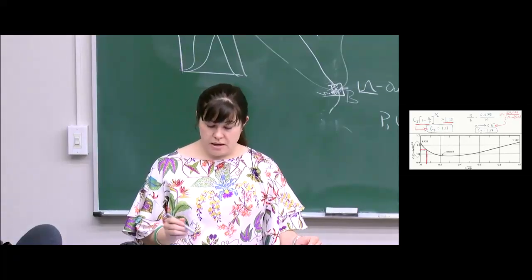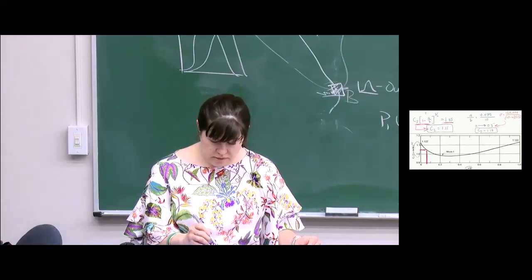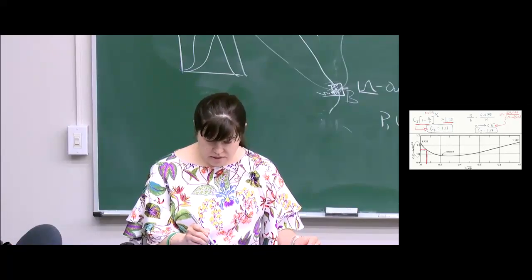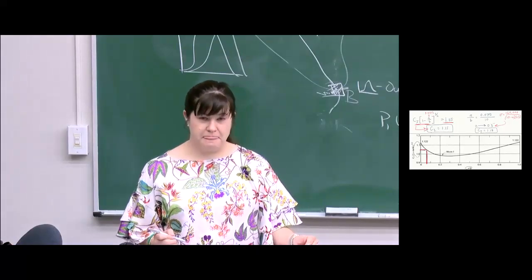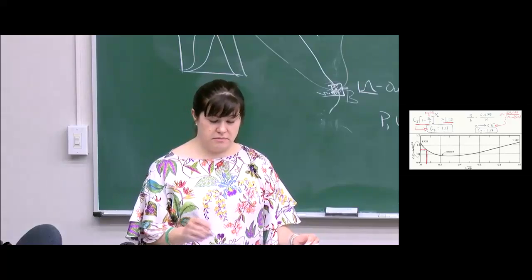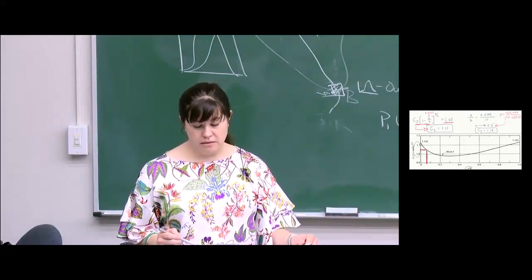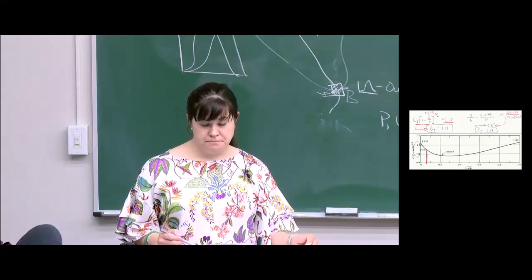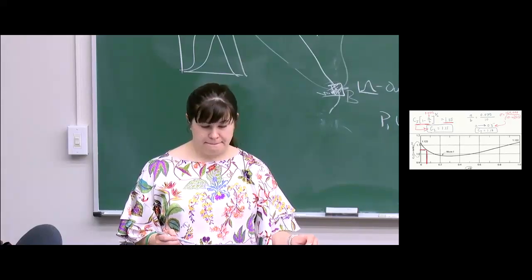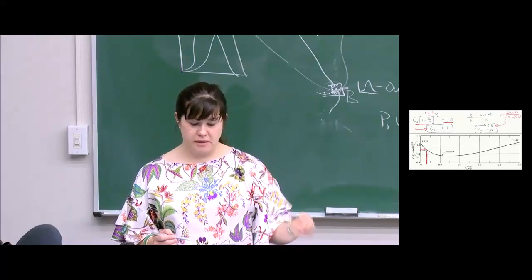If we take our A over B, which is 0.075, and plug it in here, we could even just compute that value and then divide it into the other side. Does that make sense? Okay, cool.